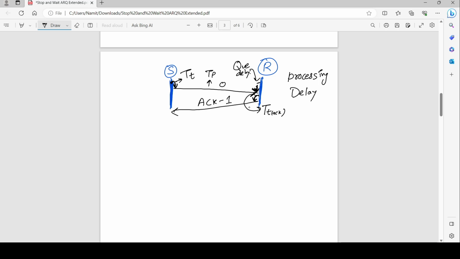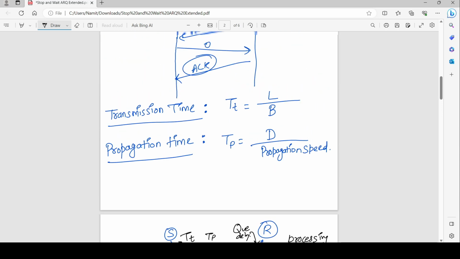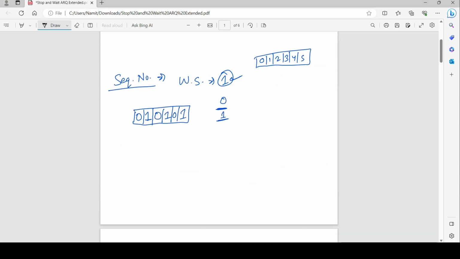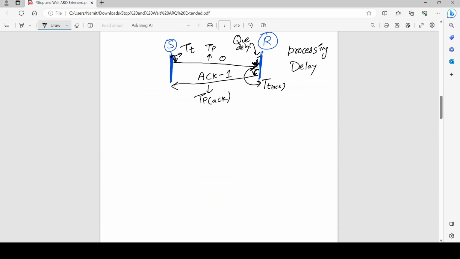And the amount of time taken to send the acknowledgement from receiver to sender is known as propagation time of acknowledgement.